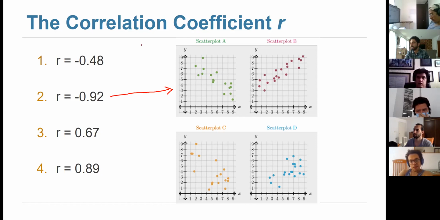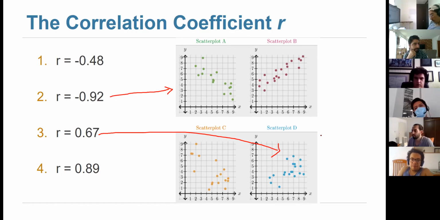So Xian, can you tell me for scatter plot D? Probably 3. You have the same reasoning: you have 2 that are positive, and between those, it is the one that is less related. Okay, perfect.